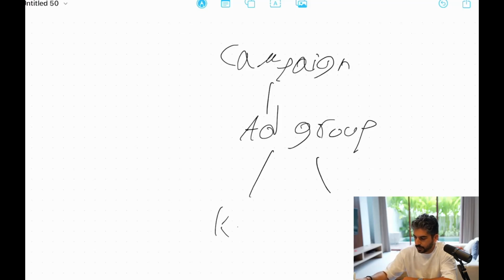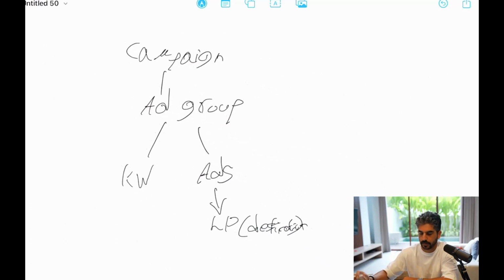One is keywords, and the other thing is ads. And underneath the ads, you have the destination, also known as the landing page. Beautiful handwriting, I'm sure you can all agree with me. But basically, this is the structure.